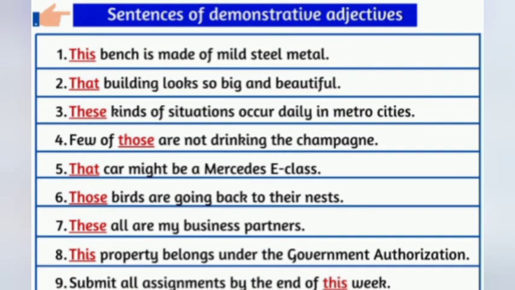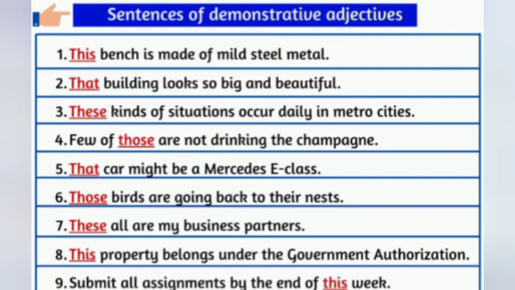This tells us about the position of the noun or the pronoun. If they are near and single in number then we use this, and if they are plural in number then we use these. If they are far in position then for single we use that, and for plural we use those. In this way we can use the demonstrative adjectives.